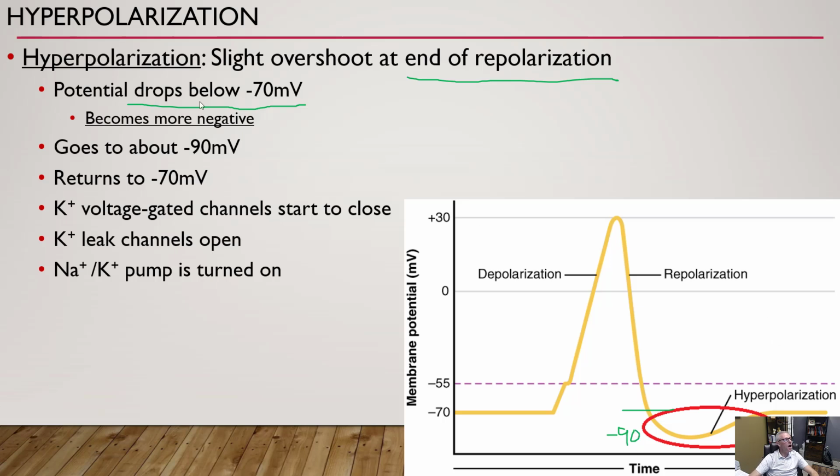We call this hyperpolarization. We actually become more negative than our resting membrane potential. So we actually go to about negative 90. So at some point during hyperpolarization, we have to shut off our potassium voltage-gated channels.